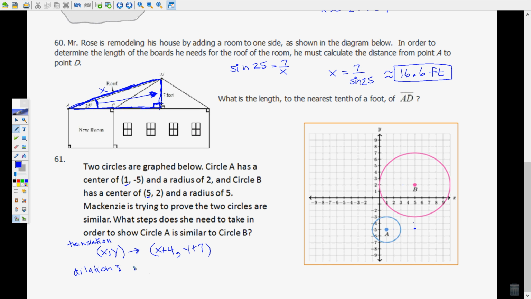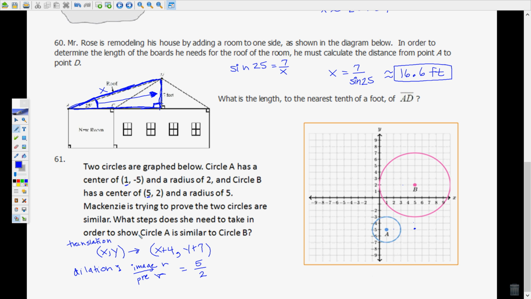So in this case, we're going to put the image radius, and I'll put R for radius, over the pre-image radius. Our image radius is 5 and our pre-image radius is 2. So circle A would have to increase by a scale factor of 5/2 in order to map onto B exactly.